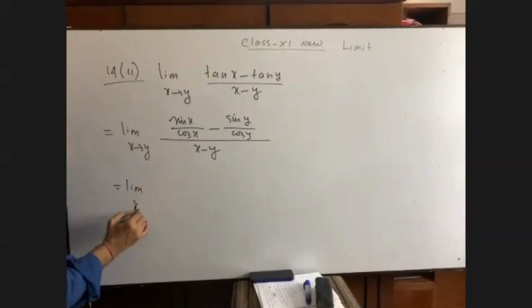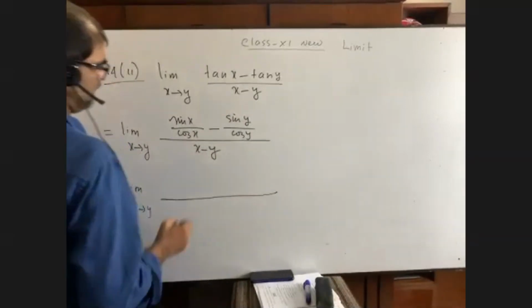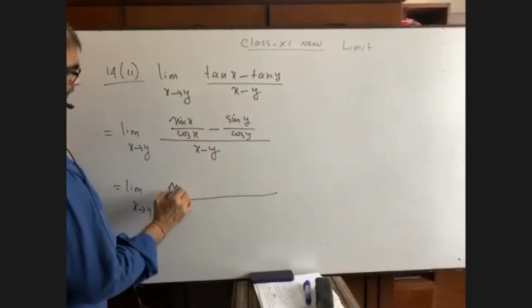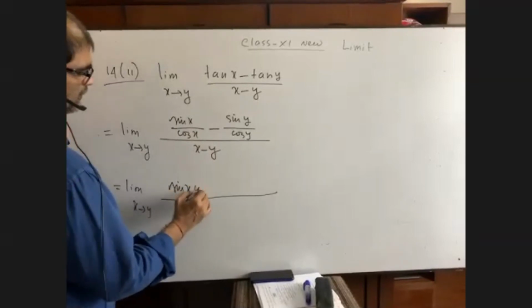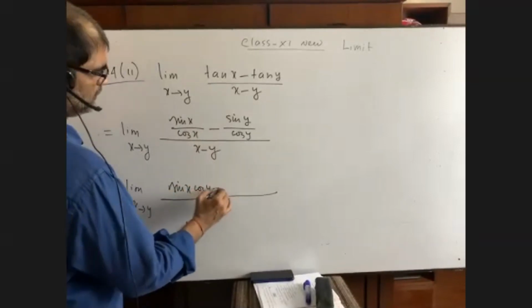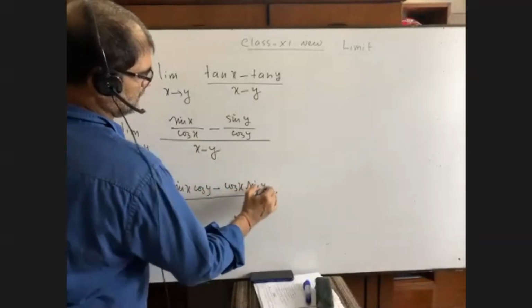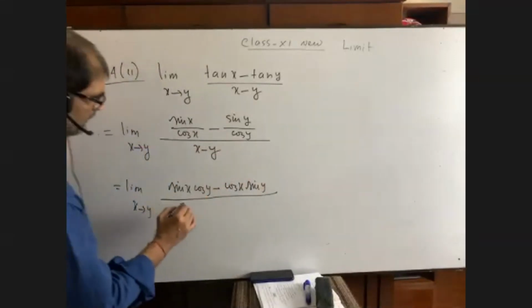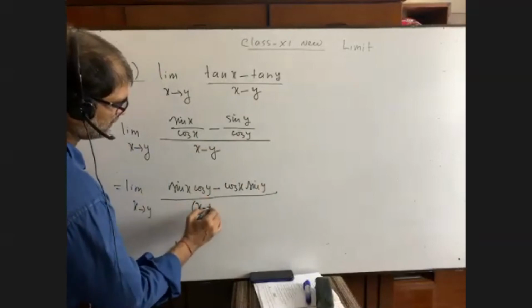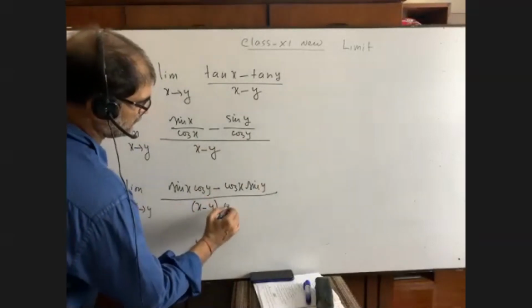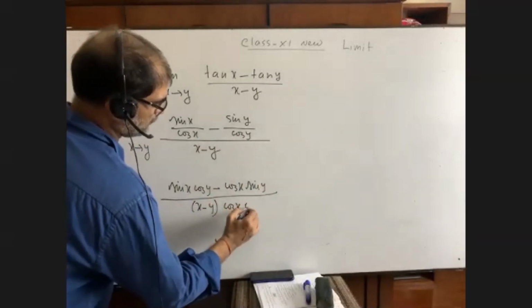Limit x tends to y. It will be sin x cosine y minus cosine x sin y. The LCM will be here. The x minus y will be kept as it is, with cosine x cosine y.